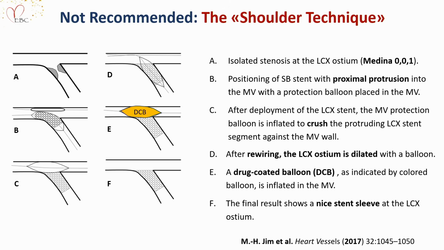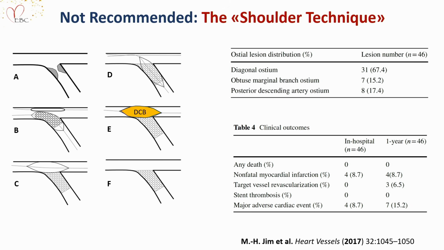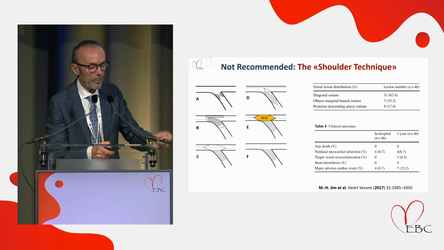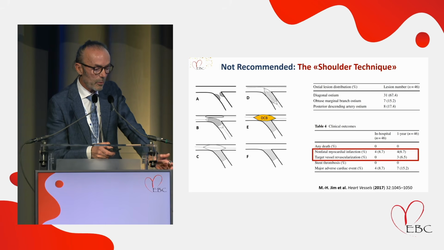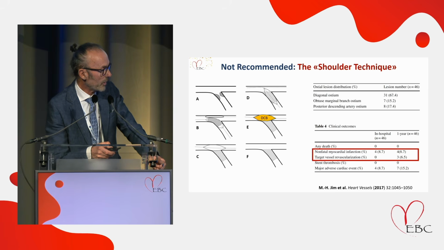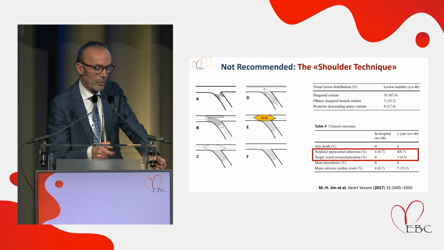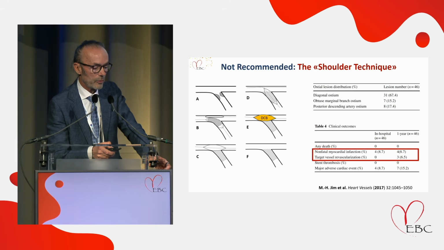It's not recommended for circ because this paper was on side branches, diagonal branch, obtuse marginal branch. But the problem of this stent, the clinical outcomes in table 4, non-fatal myocardial infarction in almost 10%, 4 out of 40 patients. So the risk of thrombosis is very high. So I do not recommend this.